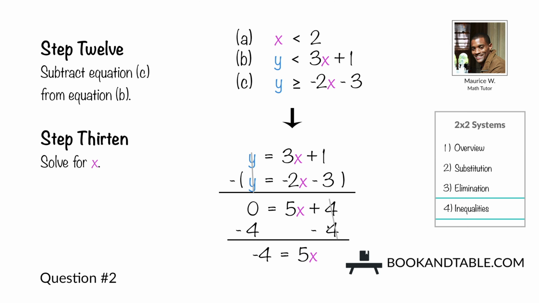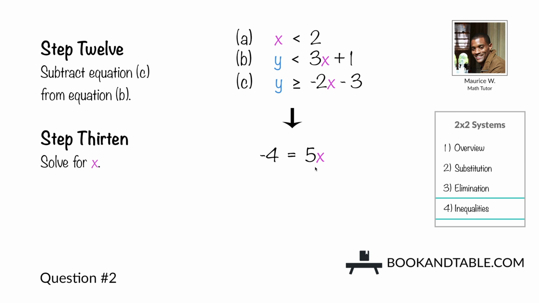And now we'll subtract 4 from both sides, giving us -4 is equal to 5x. We'll divide both sides by 5, giving us x is equal to -4 over 5, or x is equal to -0.8.